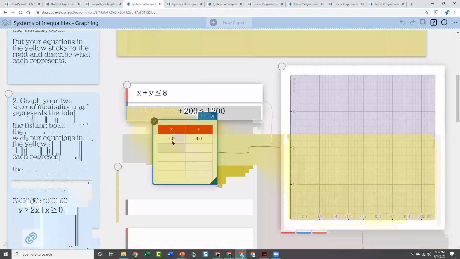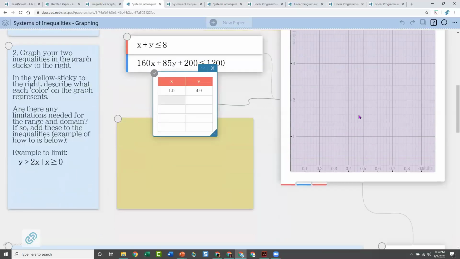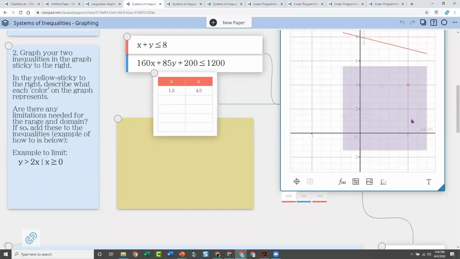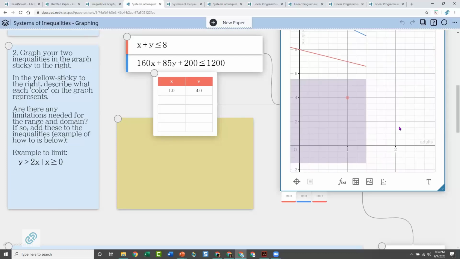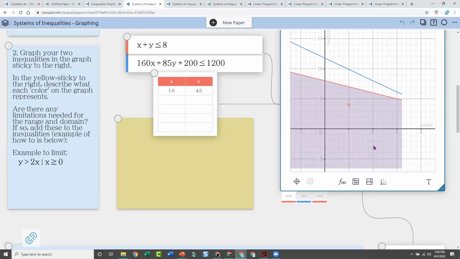Whoops. I don't know why I did that. I'm not sure what happened there. I changed my constraints a bit.